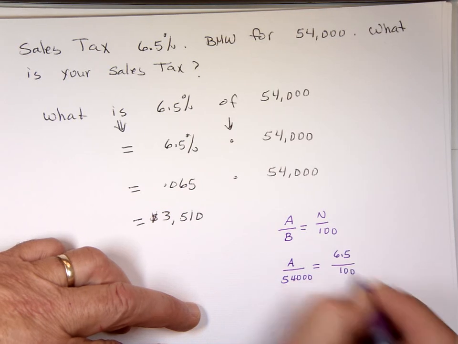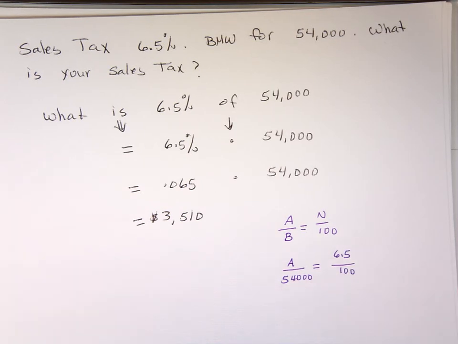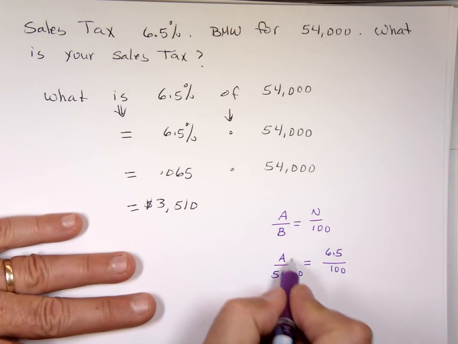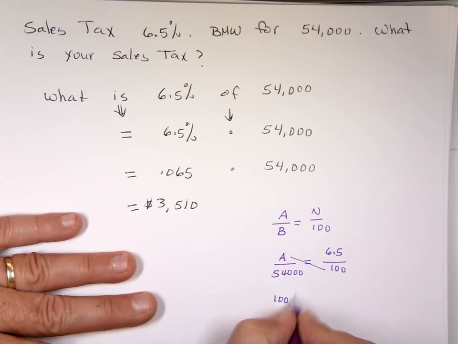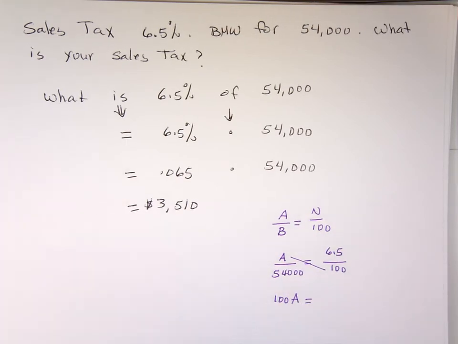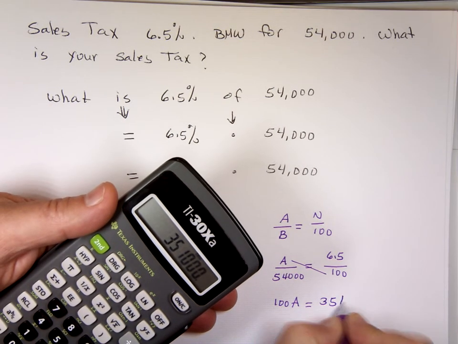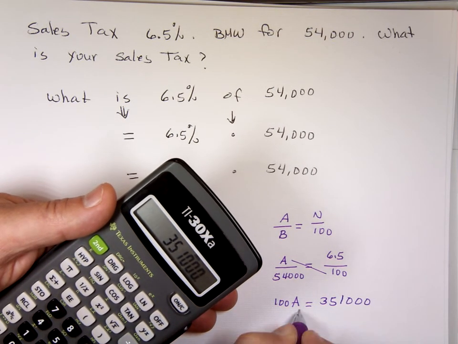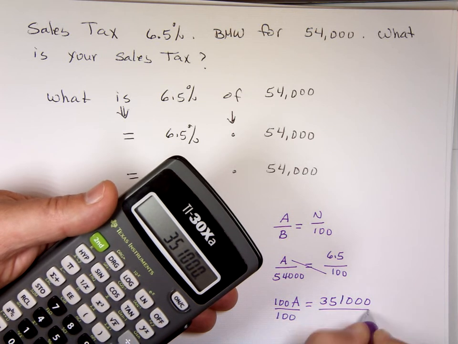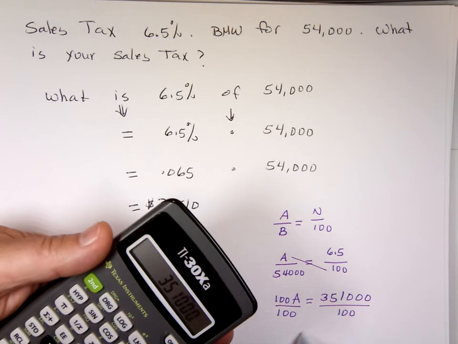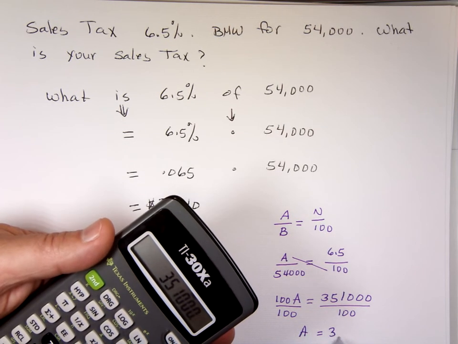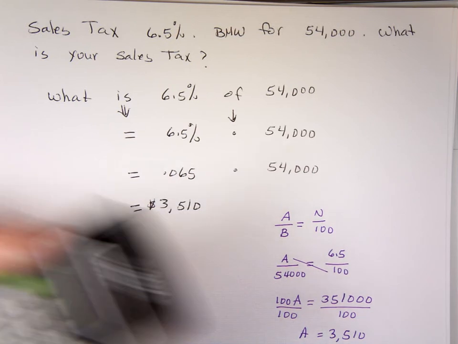You could have done it that way. 100A equals 6.5 times 54,000, which is 351,000. To solve for A, you divide by 100. 3,510. Either way, your answer is not going to change.